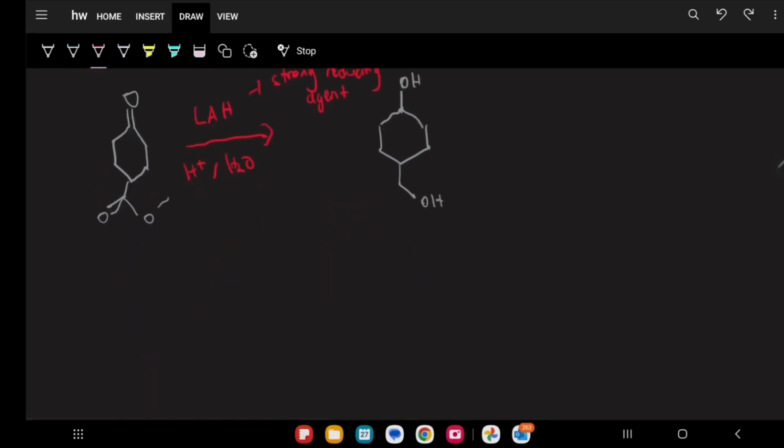But if you were first to form an acetal, with H plus and a vicinal diol, you would form this molecule.